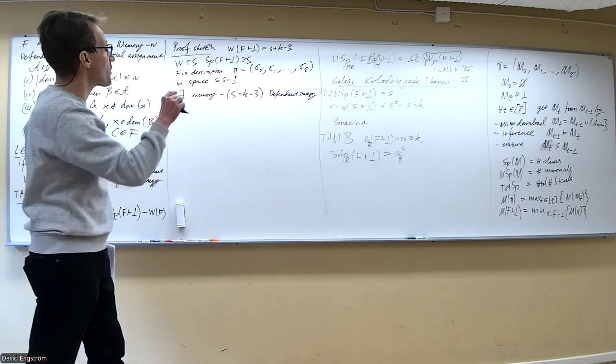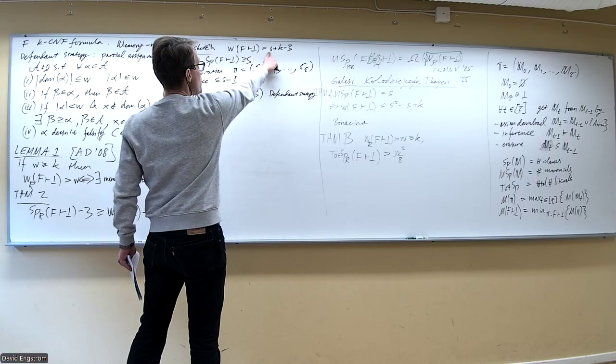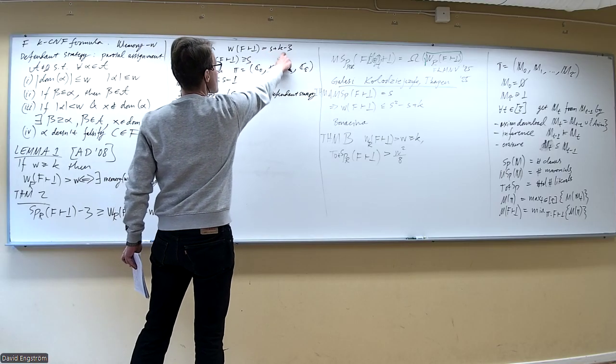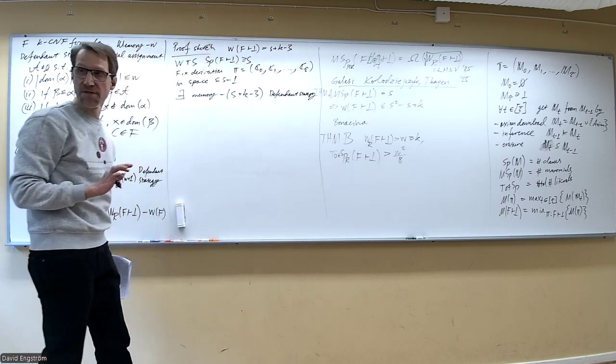Because if the width is this much, then the width is strictly larger than S plus K minus 4, which means that there is an S plus K minus 3 defendant strategy.